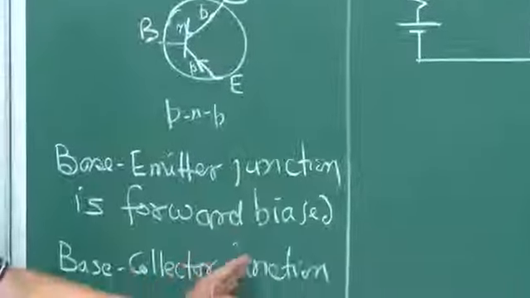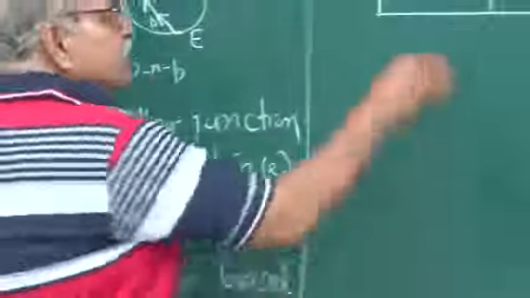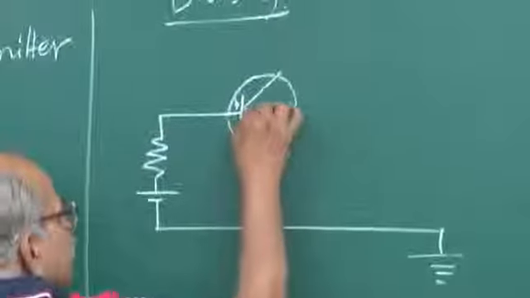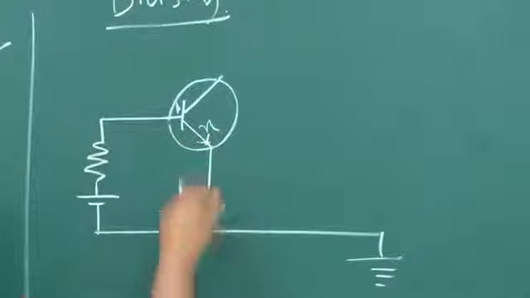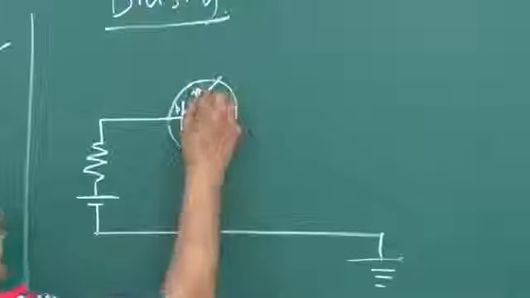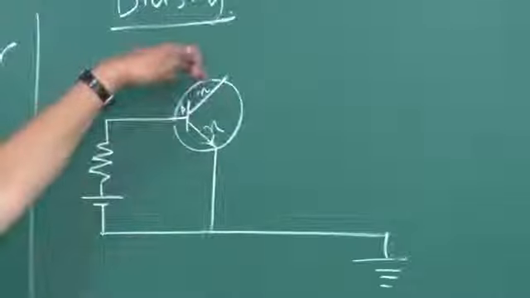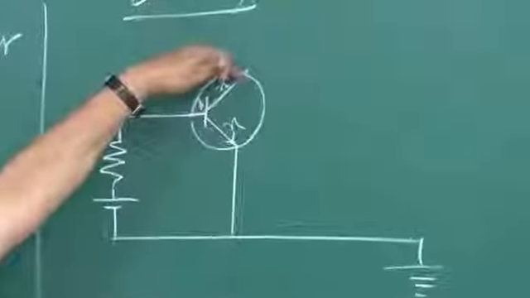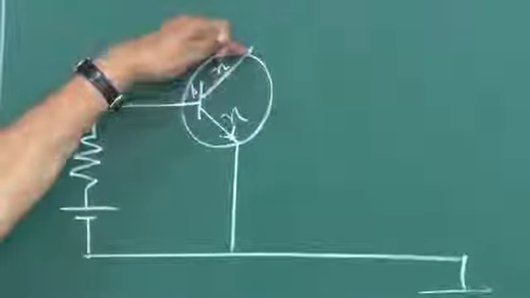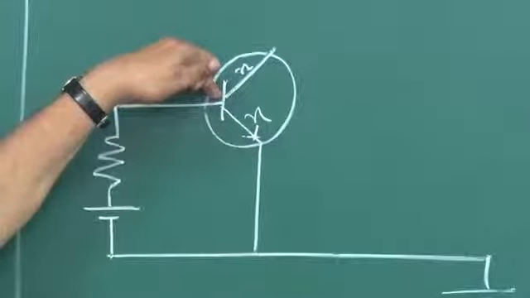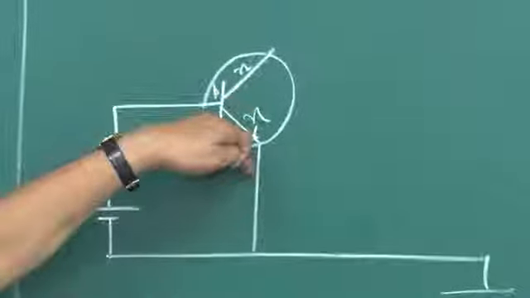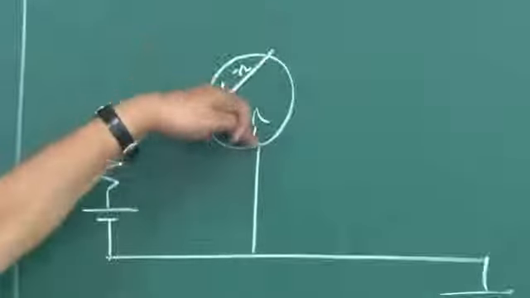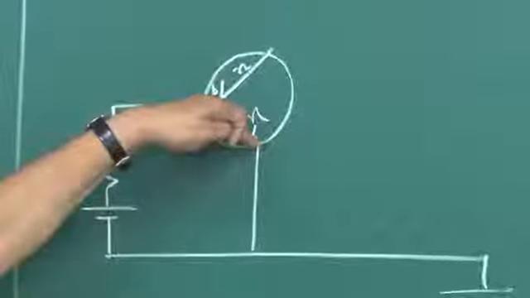And then the base collector junction should be reverse biased. So here is the base and here is the collector, and this has to be reverse biased, and remember this is N, this is P, then this is N. So this N side should be at a higher potential than this P side, and this is at a higher potential than this emitter. So this should be at a higher potential than the emitter voltage.